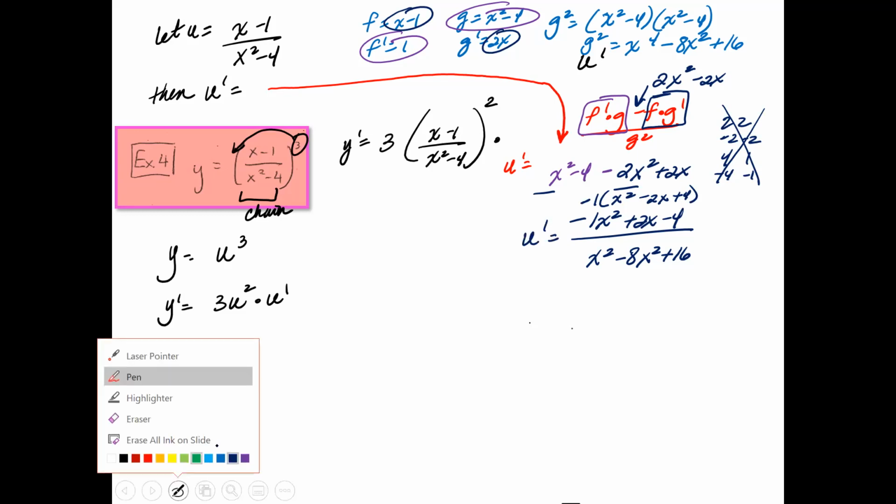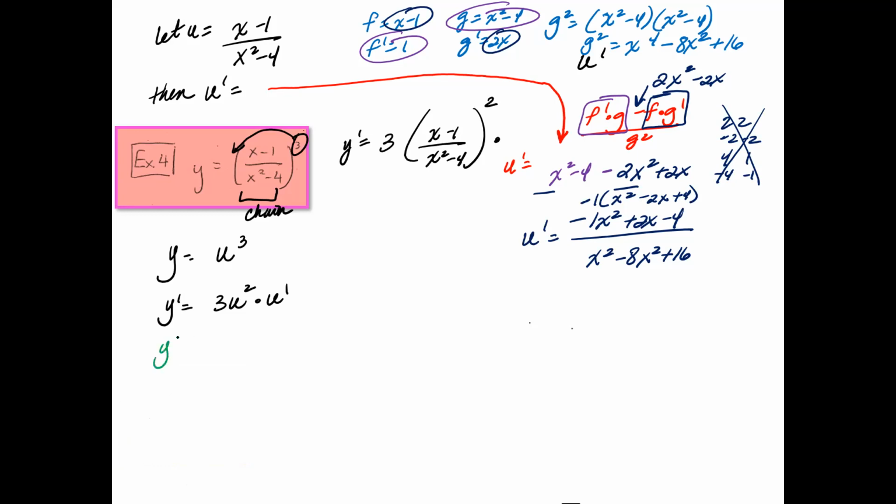So now that I have u prime, I can complete my derivative. So y prime is equal to 3u squared times u prime. So u, I'm going to go ahead and replace everything back.